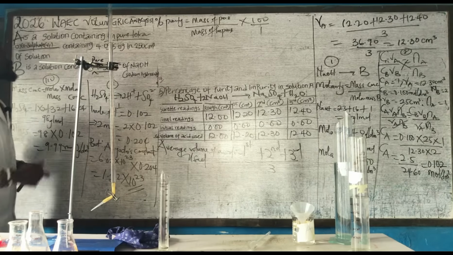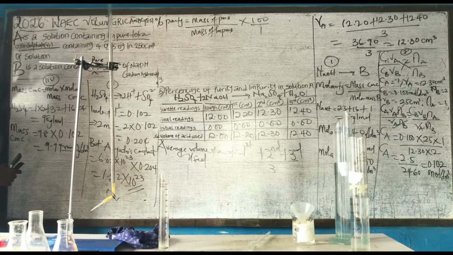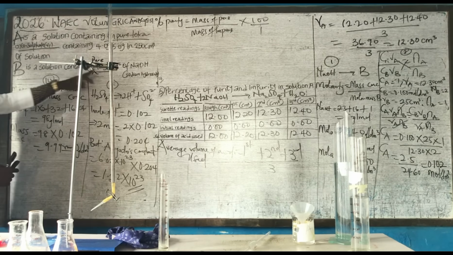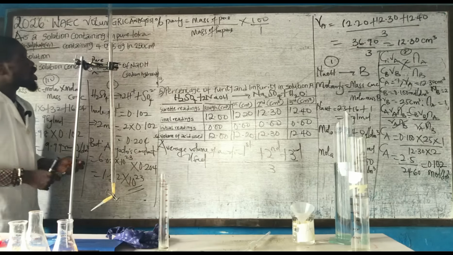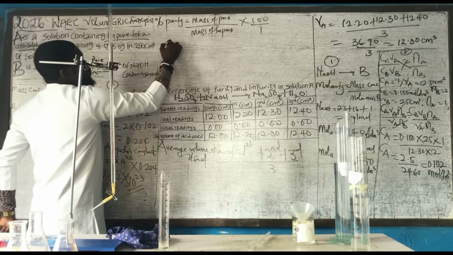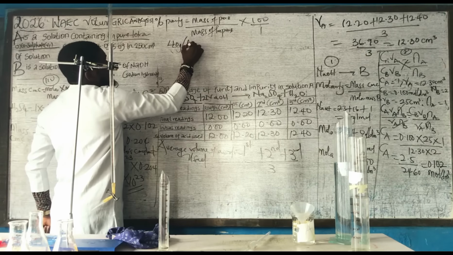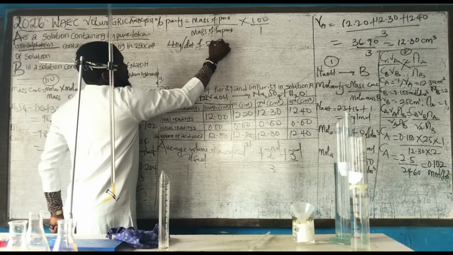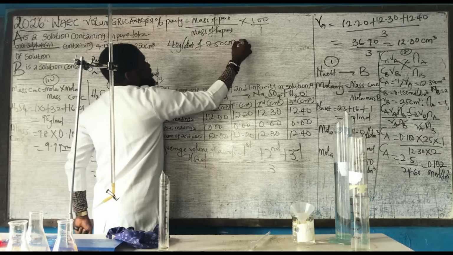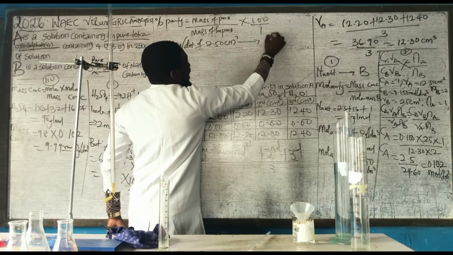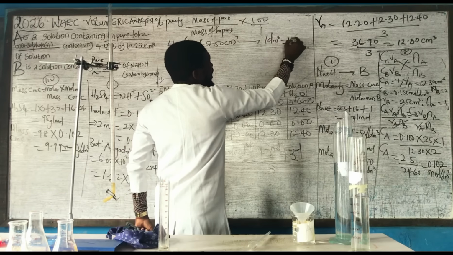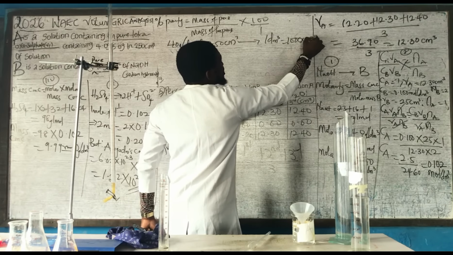Mind you, the mass of impure is this 4 gram of sodium hydroxide in 250 cm cube. But our target is 1 dm cube, which is equivalent to 1000 cm cube.